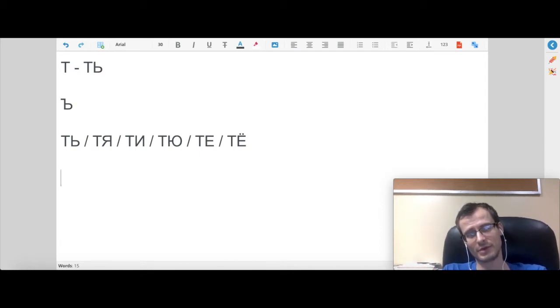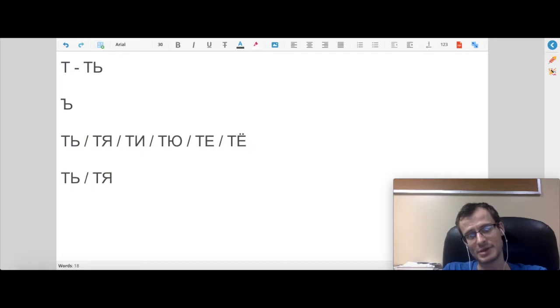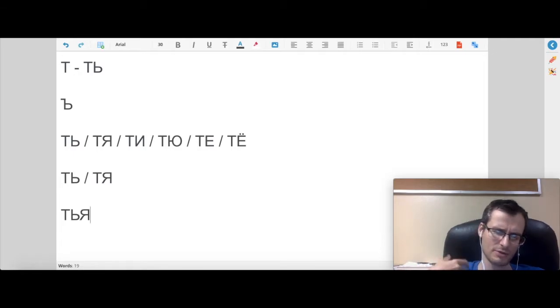Now, we said that the soft sign, for example, can soften a consonant, and a softening vowel can soften a consonant. Now, what happens if we have both? And well, you can tell me, why would you put both of them in the word? And the truth is that I don't really choose what to put.